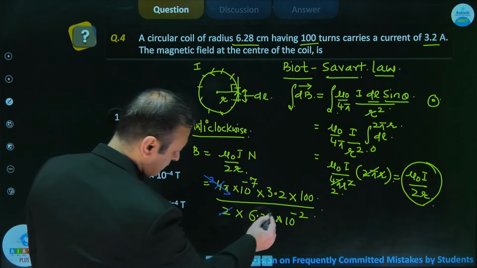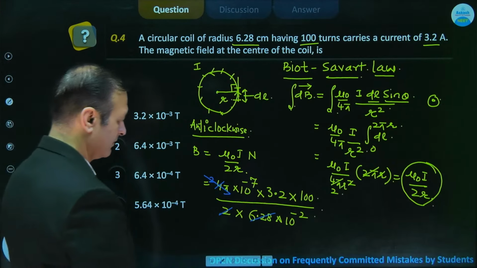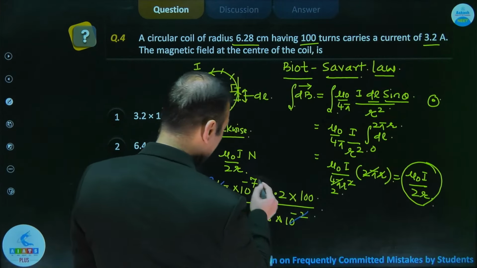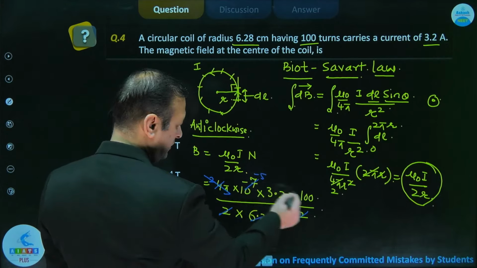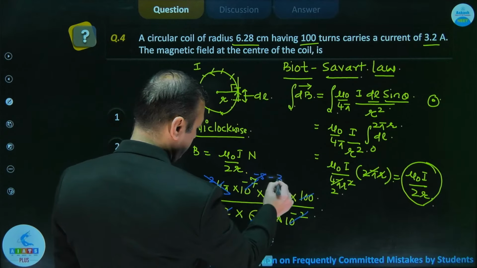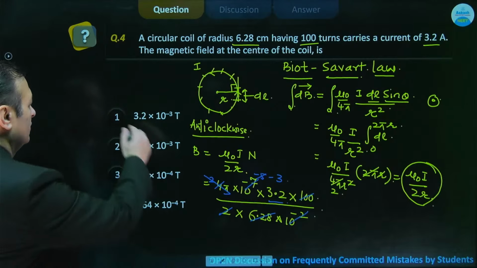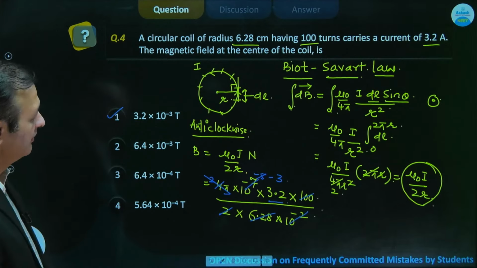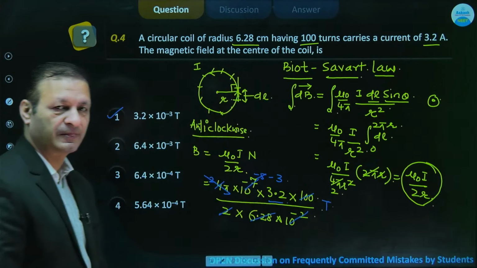So this goes with this 6.28. It goes with what? -5, and it goes with this, so -3. So it's 3.2 into 10 to the power -3, because this is magnetic field, so unit wise Tesla.